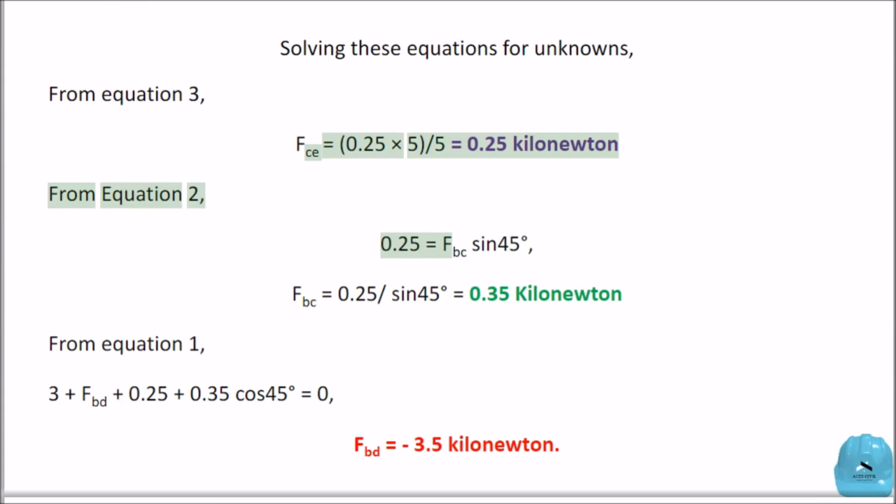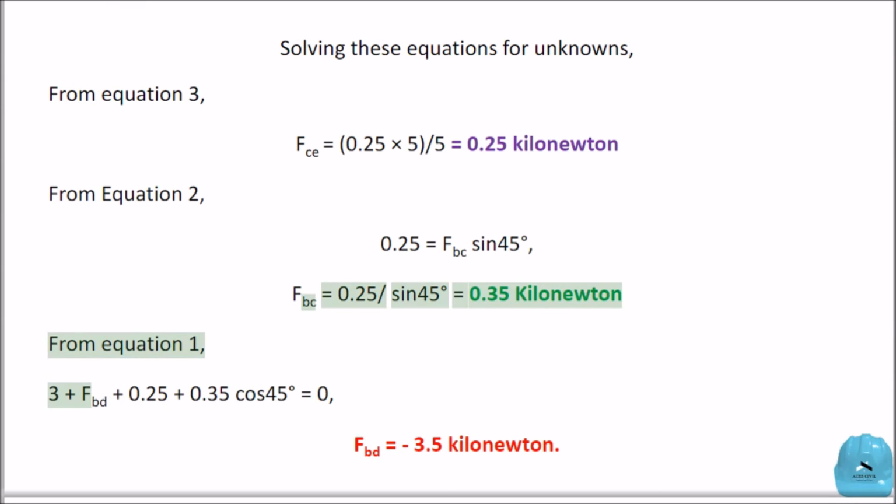From equation 2, 0.25 equals F_BC sin 45 degree, F_BC equals 0.25 / sin 45 degree equals 0.35 kilonewton.